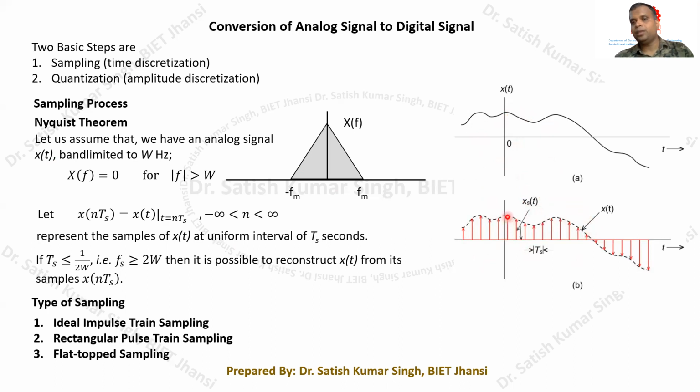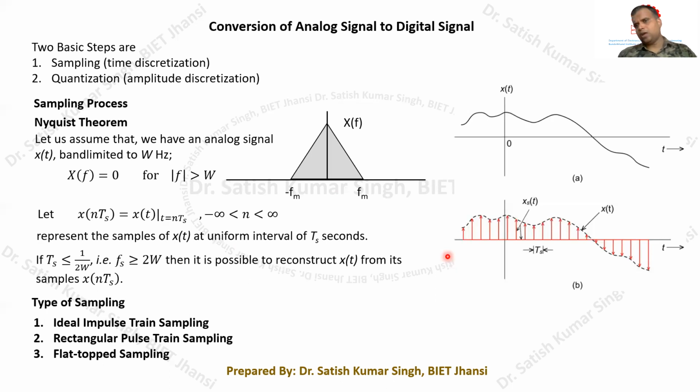Here we take a sample, and after Ts seconds we take the next sample, so in between we are not taking any samples and we do not know the value in between. Therefore, if you want to reconstruct the original message signal, the sampling frequency should be greater than or equal to 2W. If it is not, then it is not possible to reconstruct the original message signal x(t) from its samples. So this is what our Nyquist theorem says.